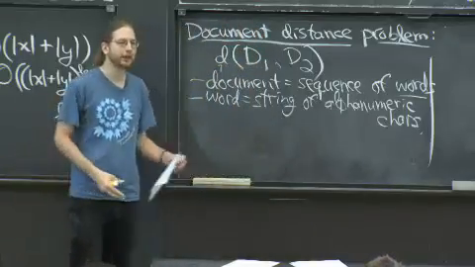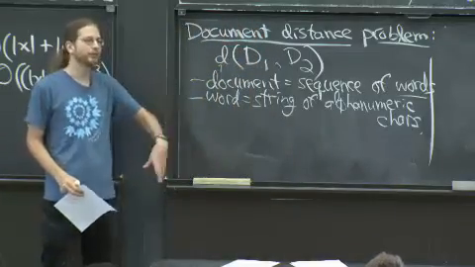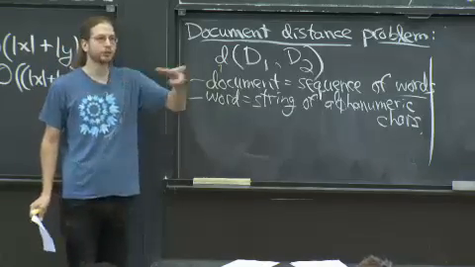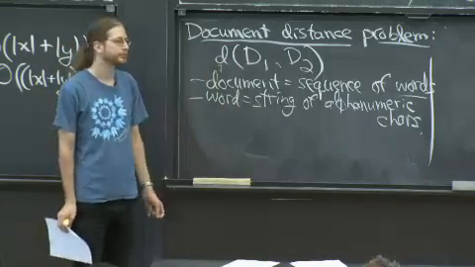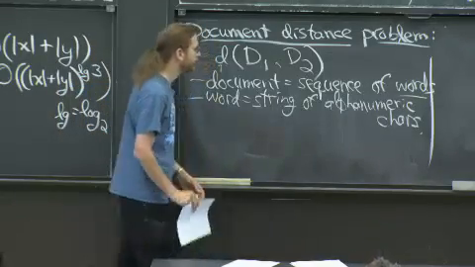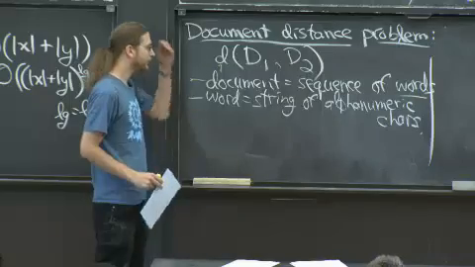If I have a document, which you can also think of as a string, you basically delete all the white space and punctuation, all the other junk, and everything in between is the words. That's a simple definition of decomposing documents into words.